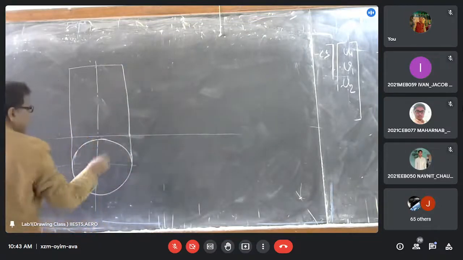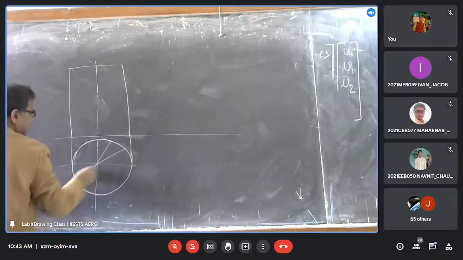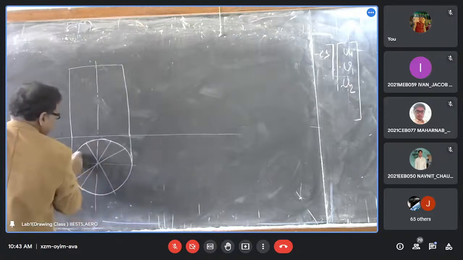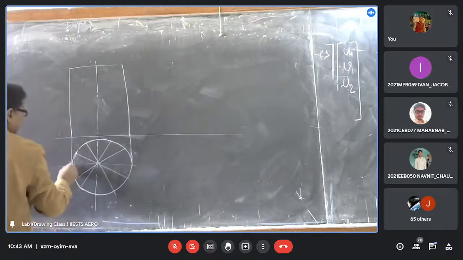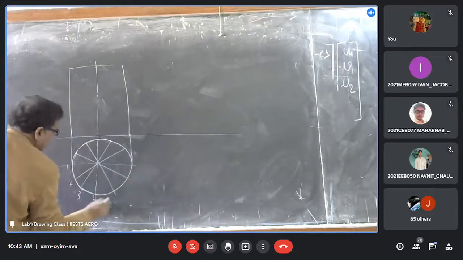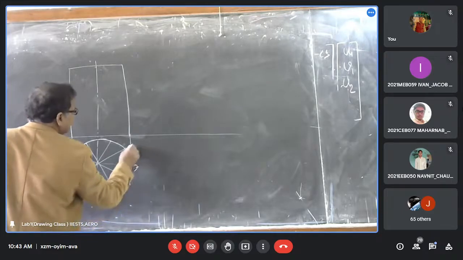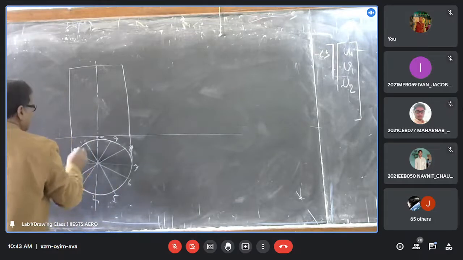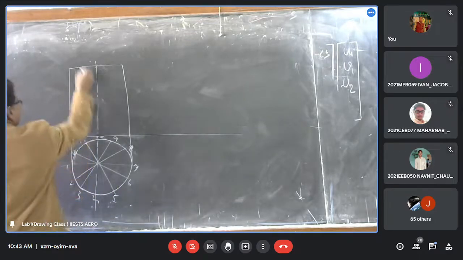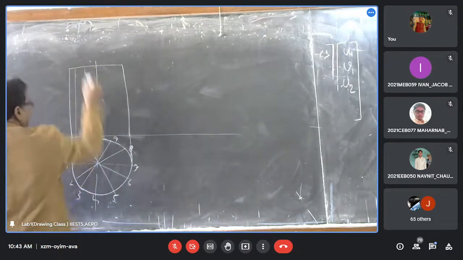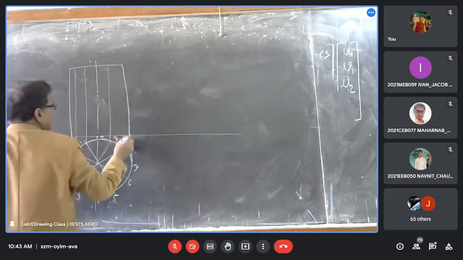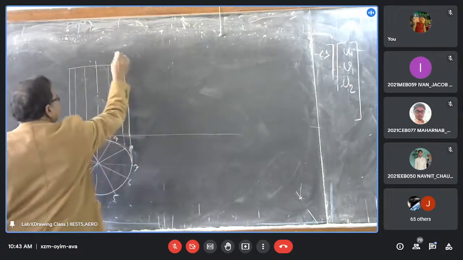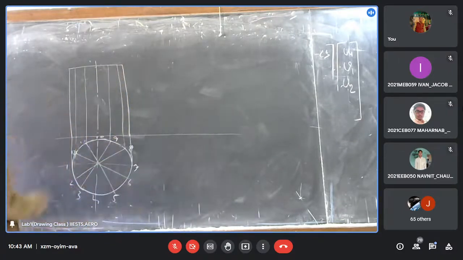Okay. Then you divide the circle into 12 equal parts, the same way: 1, 2, 3, 4, 5, 6, 7, 8, 9, 10, 11, and 12. Then draw the projection lines. I do not put names here, everybody knows the names.